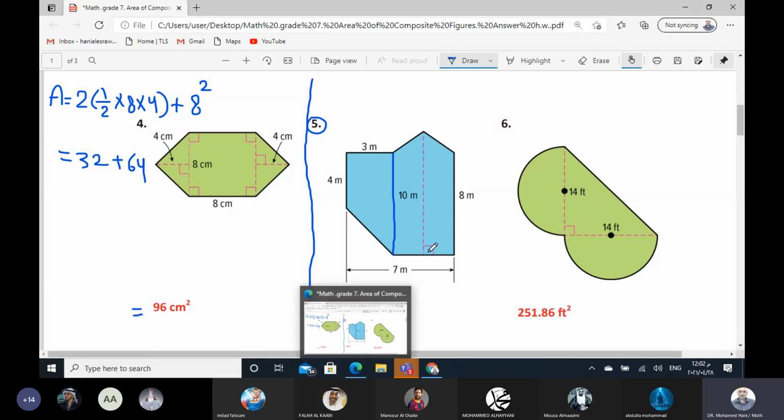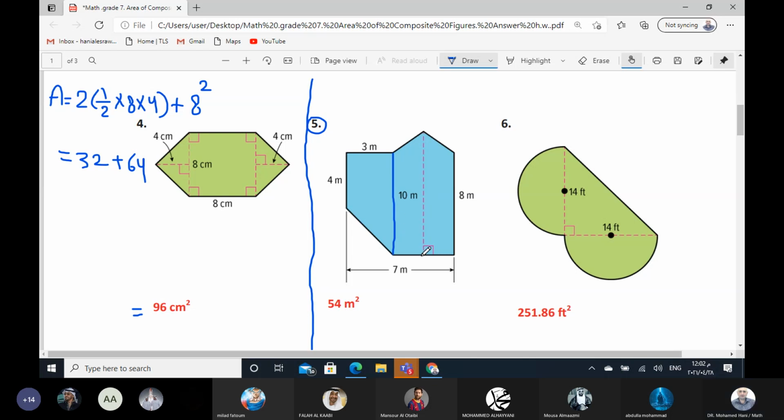As you see, here we have a trapezoid, and here we have a congruent trapezoid, and here we have also a trapezoid. So here and here we have congruent trapezoids. So we can write here area equals 2 times the area of one trapezoid. Why do we put 2 here? Because we have 2 congruent trapezoids.